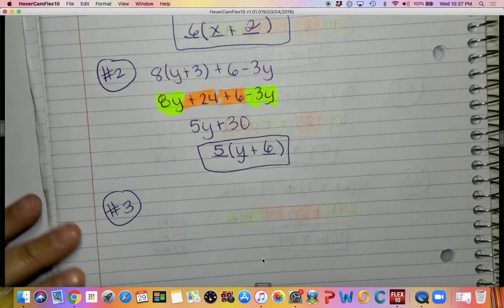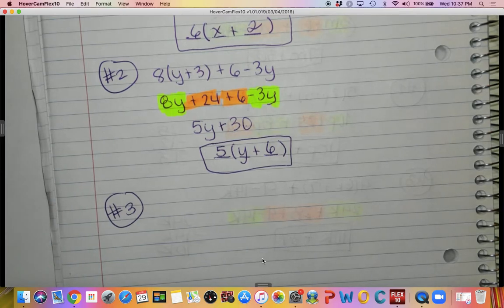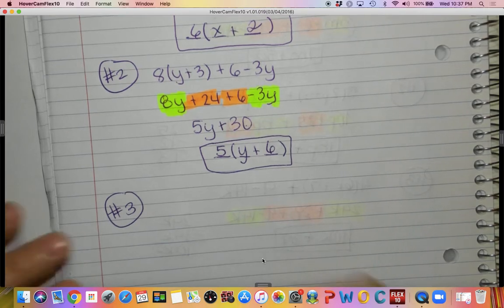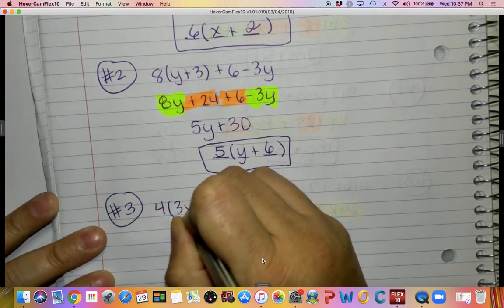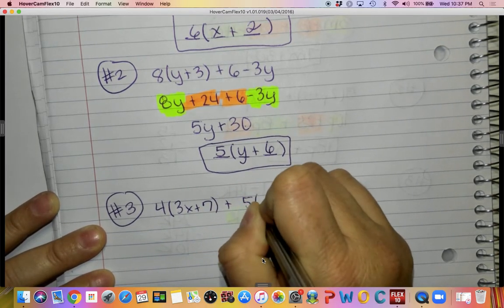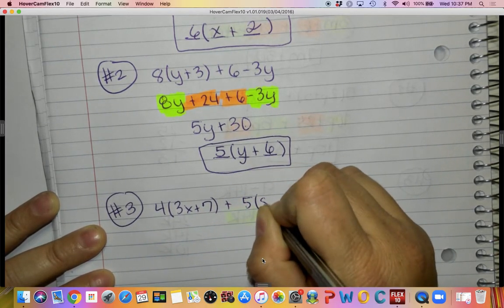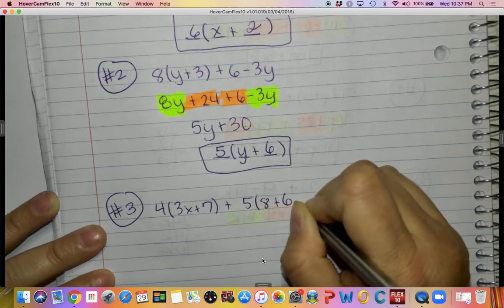Alright, last one that we're going to simplify and then factor. And for these, we have to distribute, then we have to simplify, and then we have to factor again. Alright. So the problem is 4 times 3x plus 7 plus 5 times 8 plus 6x.